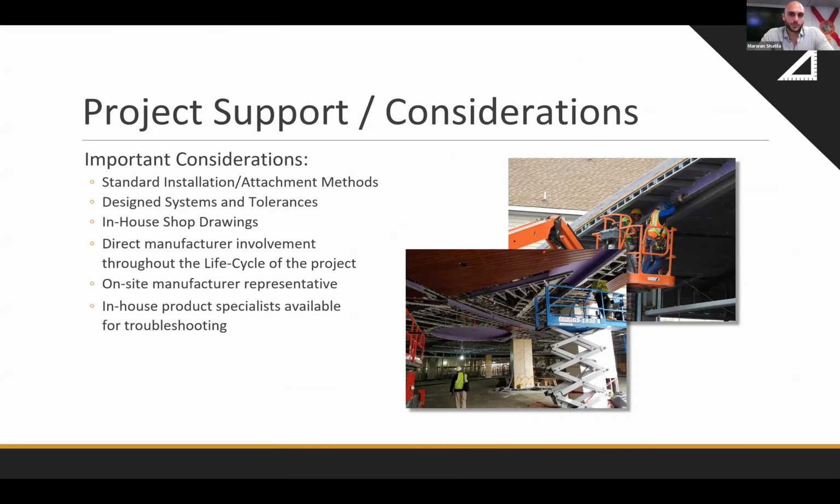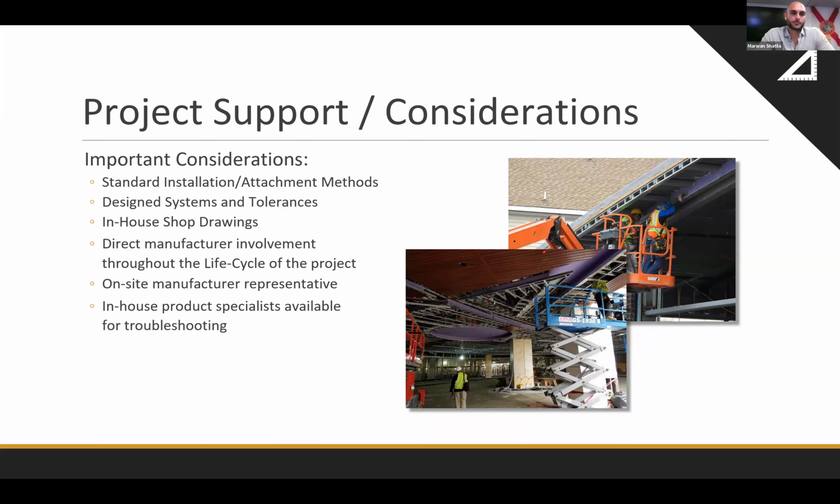Some important considerations whenever you're working with it are going to be the attachment methods. As I mentioned, as it relates to Rulon, while our complete system, the carriers, the panel, the trim, etc., are all proprietary to Rulon, they are compatible with all of the methods of suspension that are commonly found within the industry. So struts, hanger wire, direct attach, all of the commodity type of installation methods, our systems will adhere to.